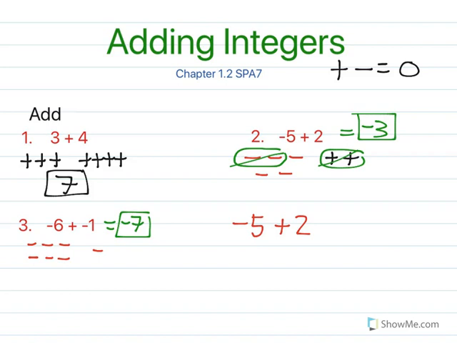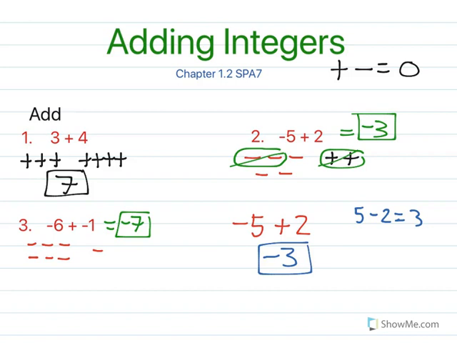So -5 and 2, which one has the larger absolute value? That'd be -5. So I'm going to find the difference. In my head, I'm taking the absolute value 5 and subtracting the other absolute value, which is 2. This gets me 3. However, it gets the sign of the bigger absolute value, so it'd be -3.